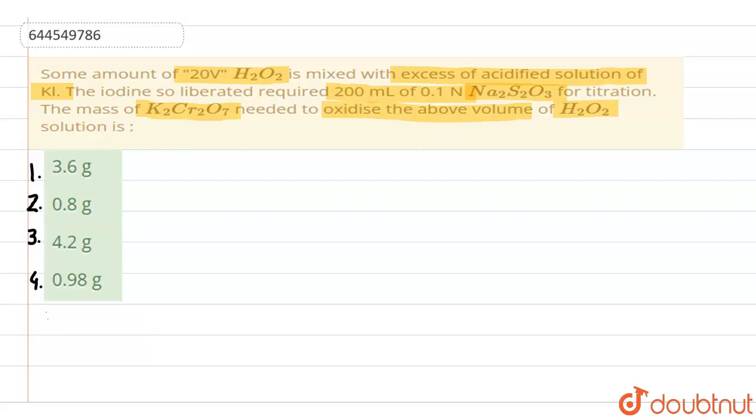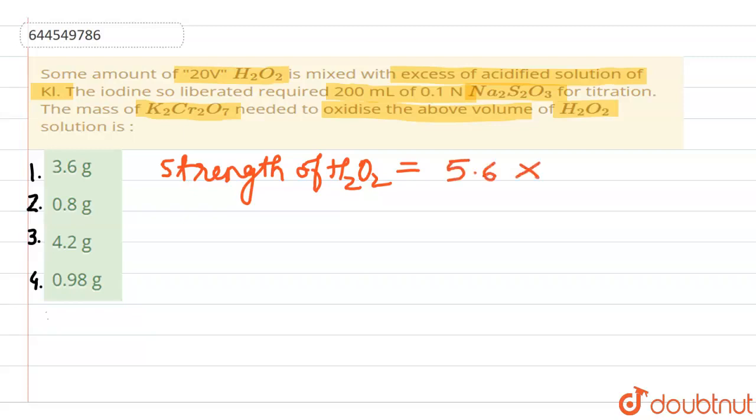So here this question is about the equivalent mass or equivalent weight of several compounds. So let's begin. Here it is given to us the strength of H2O2. We all know that the strength of H2O2 will be equal to the equivalent mass of H2O2, that is 5.6, multiplied by the normality of H2O2.